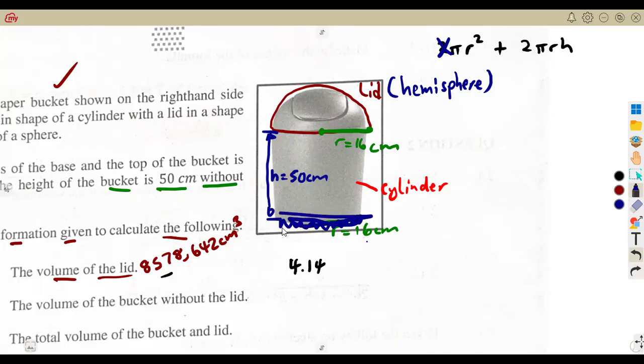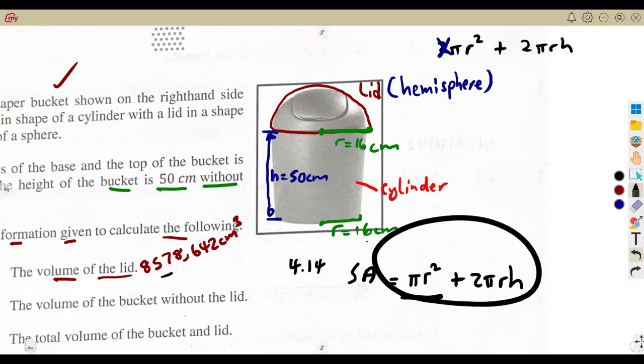There's a circle there. So we are going to take pi r squared, only one circle, plus the curved part of our cylinder, which is 2 pi r h. So this is the part of the cylinder only.